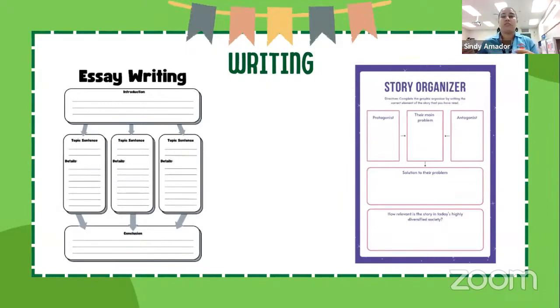Or you can use a story organizer, because you want the students to be able to retell, to tell you what they understood or what they learned, or what the solution was, or what the climax was, or who the main characters are. We want to check all of those skills in our students.